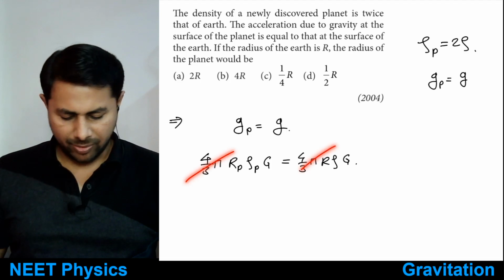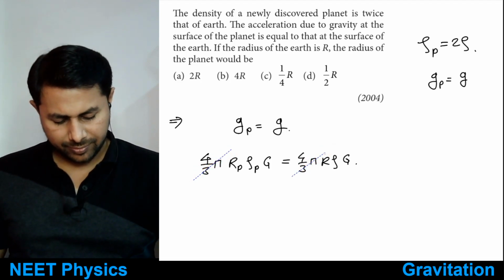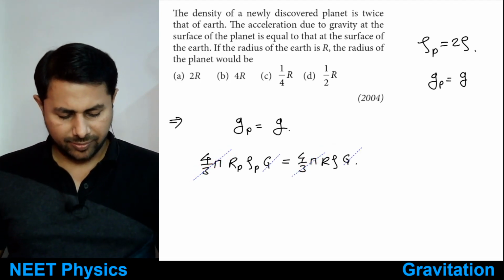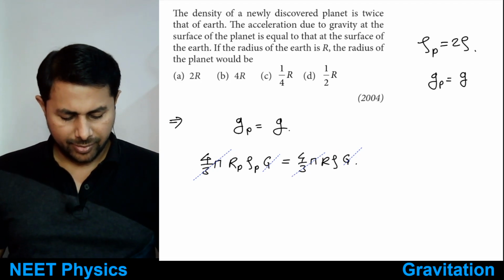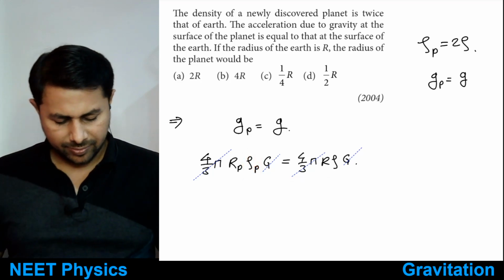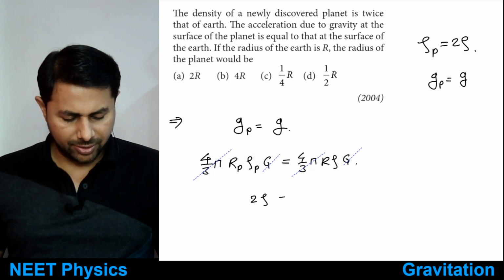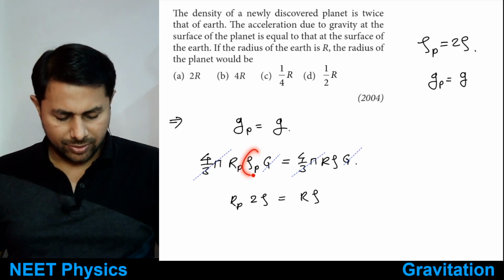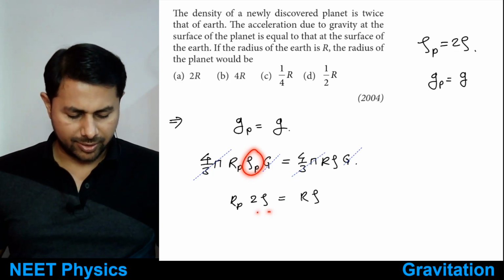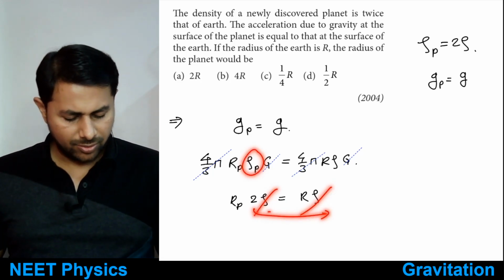So 4 by 3 pi cancels, G cancels. You want the radius of the planet, so put the density of the planet here itself. So 2 times density of Earth times the radius of planet is equal to r times rho. Density of planet is 2 times density of Earth, so rho cancels, take 2 to that side.